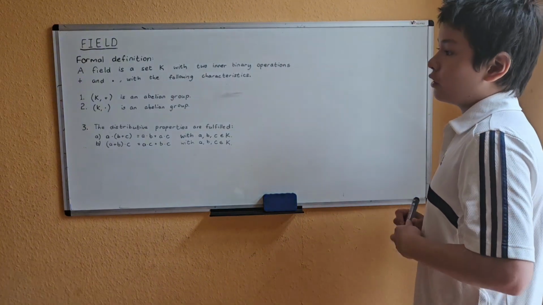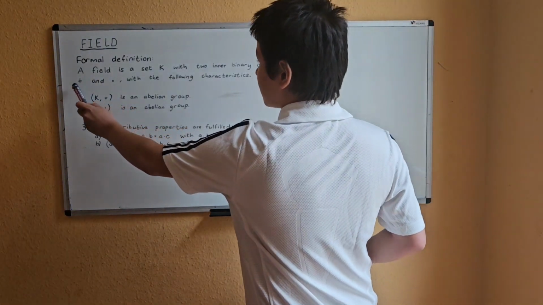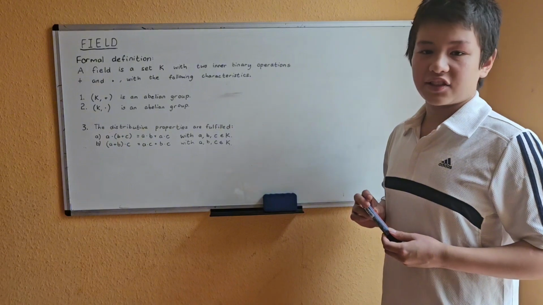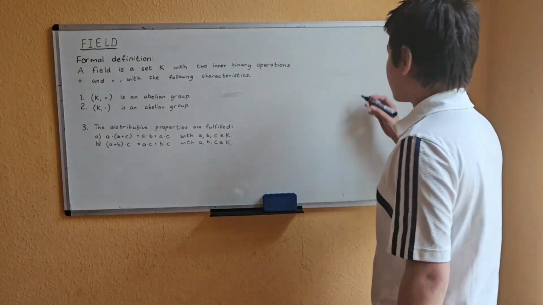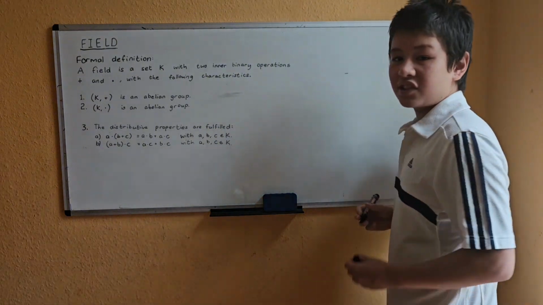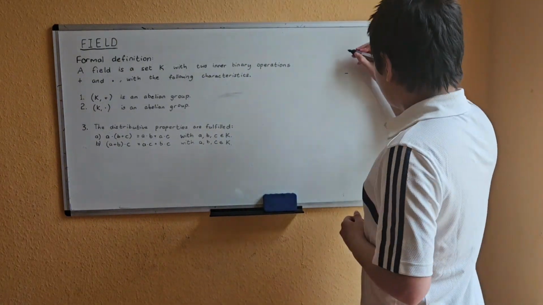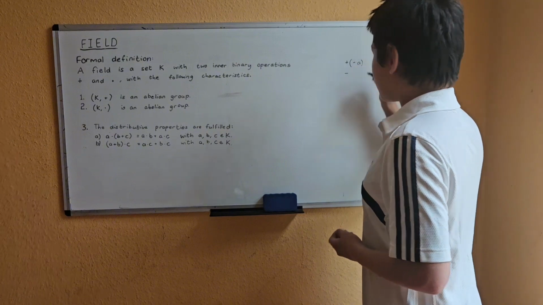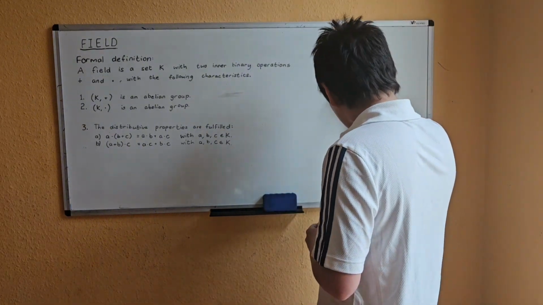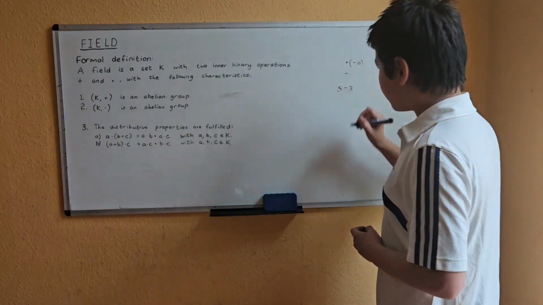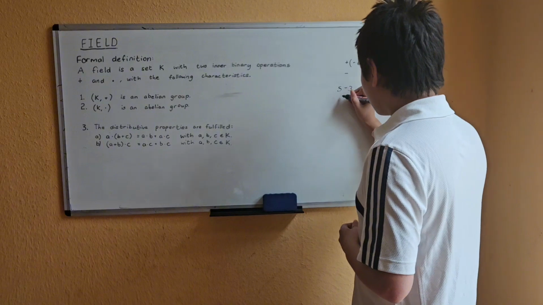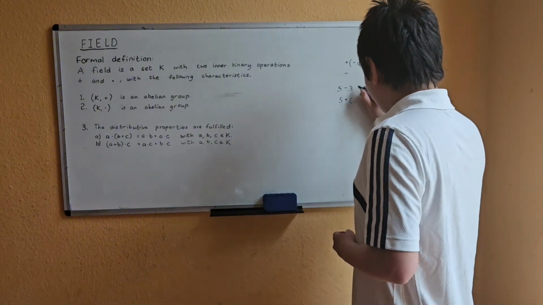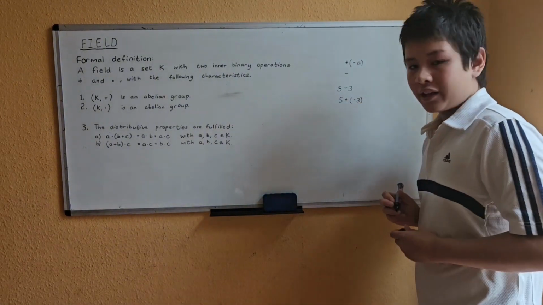And another thing, with having these two operations, plus and times, you also fulfill the definition of minus and division. Because if you want minus, then you just need to do plus minus another element. So if you want to take 5 minus 3, for example, then you would take 5 plus negative 3.